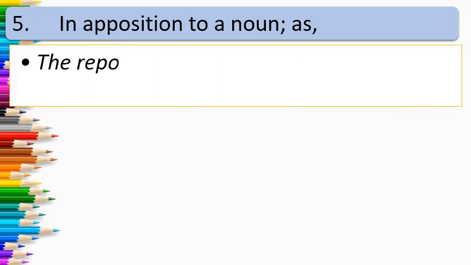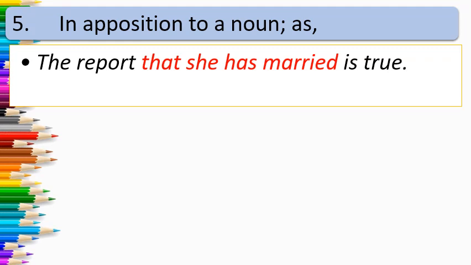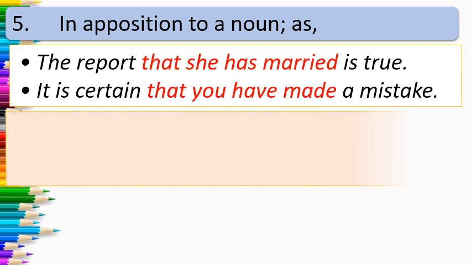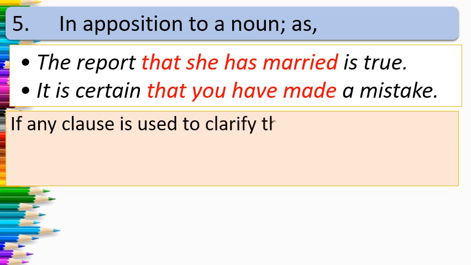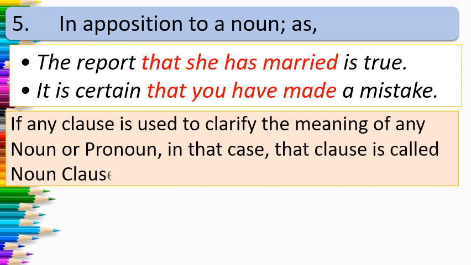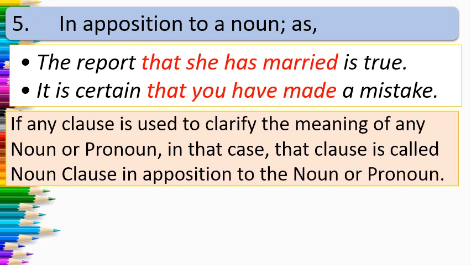Number 1, the report that she has married is true. Number 2, it is certain that you have made a mistake. So, if any clause is used to clarify the meaning of any noun or pronoun, in that case, that clause is called a noun clause in opposition to the noun or pronoun.